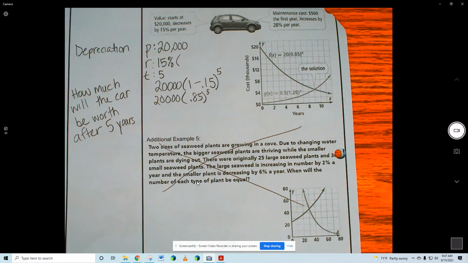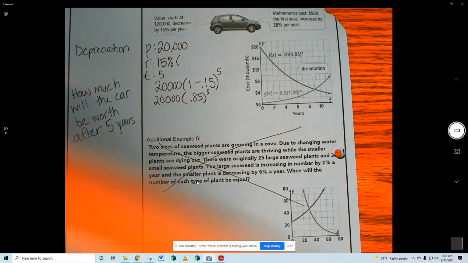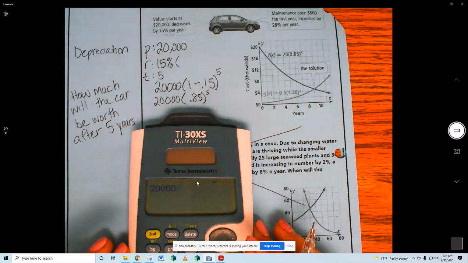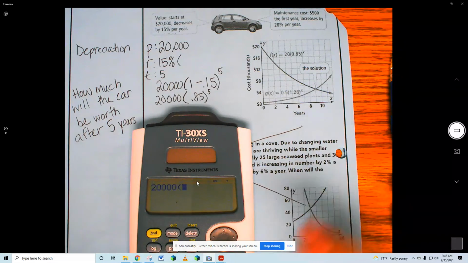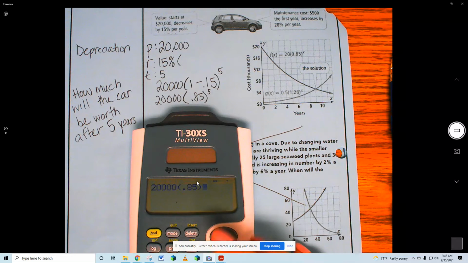Okay, what's that answer? Someone new. Everybody in your calculator. 20,000 parentheses 0.85 close parentheses raised to the power of 5. Did you all do that? So you all are good at using this calculator.